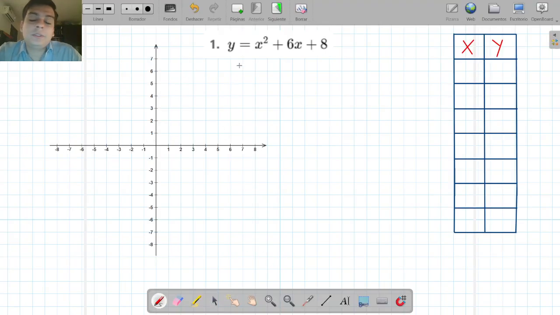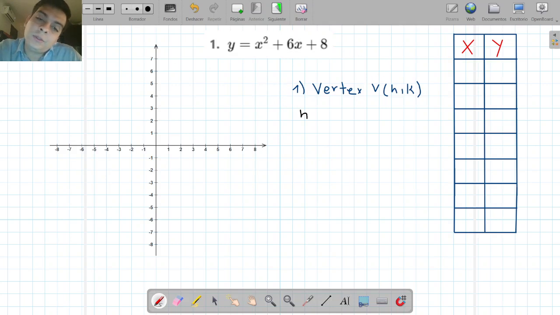Well, let's start. The first step: we need to find the vertex. The vertex, we are going to symbolize it with (h, k). For the vertex (h, k), we have to find first h, which is given by the formula minus b over 2a.